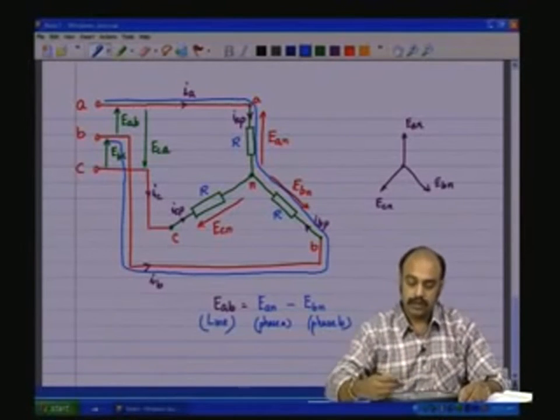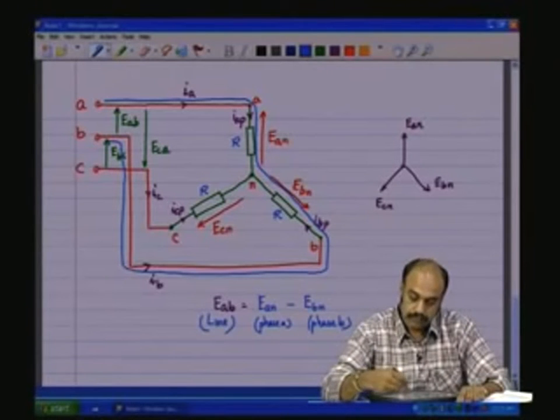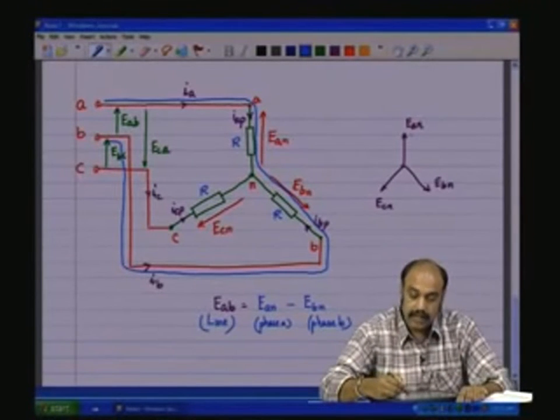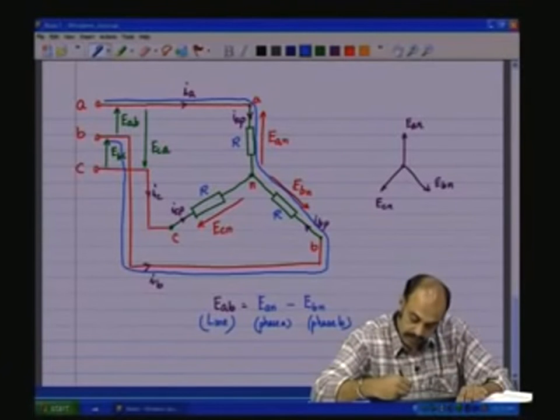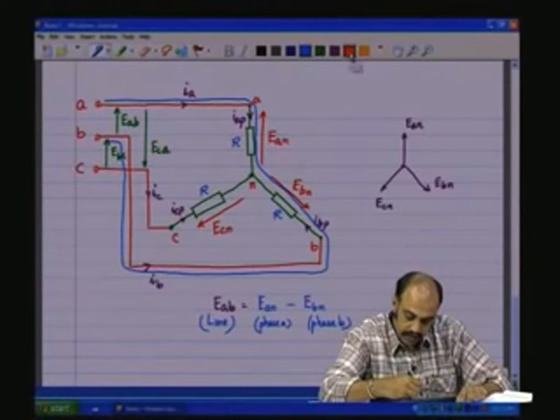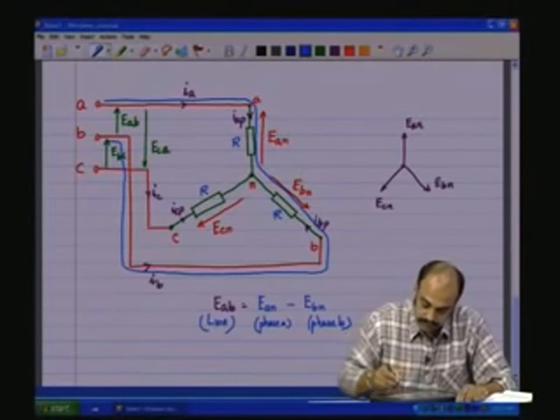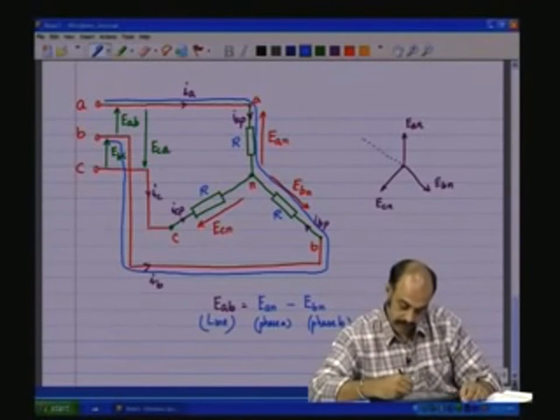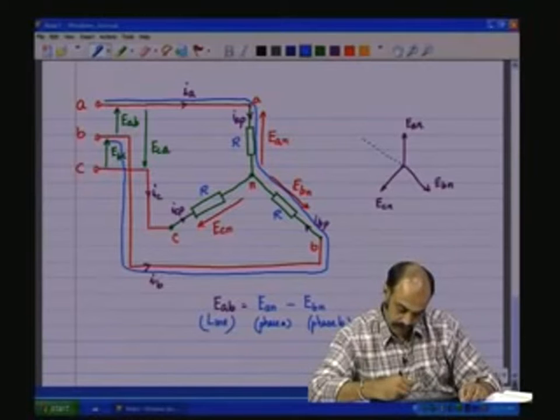So, look at it across in the phasor diagram shown here. Now, EAN, what is minus EBN? So, the minus EBN will be along this axis, but in the minus direction, same amplitude, but minus direction.